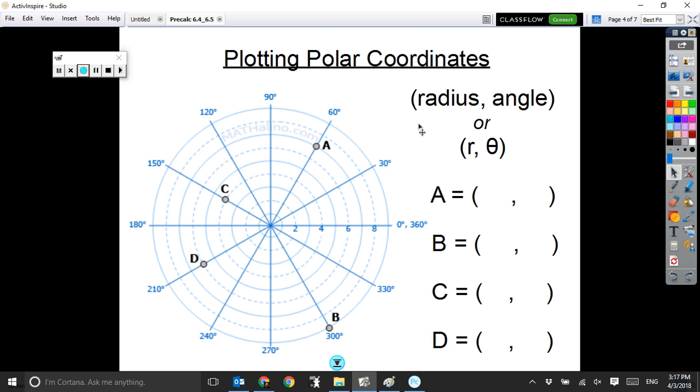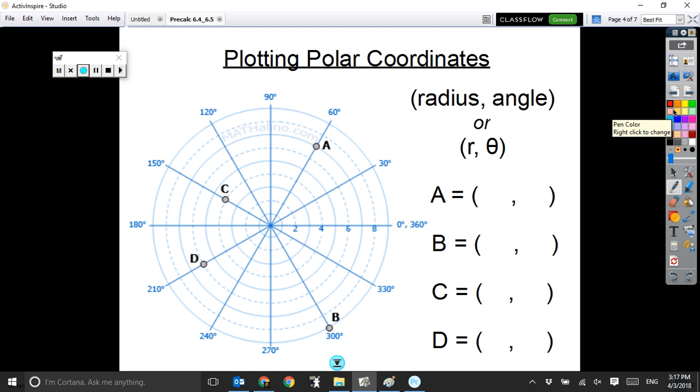So when I graph a polar equation, we're graphing it based on a radius at a given angle. For whatever the angle is, it tells me what the radius should be at that point. That's why we get very circular looking graphs when we're graphing polar equations.